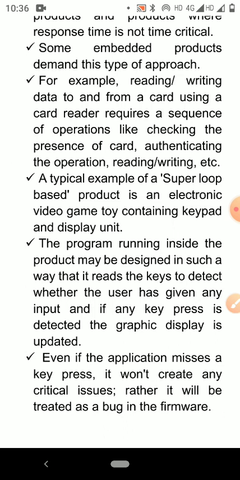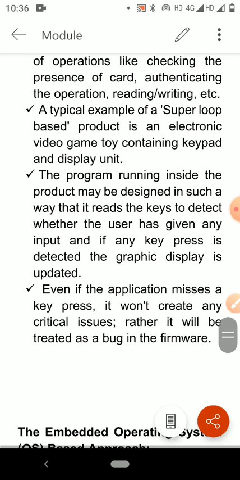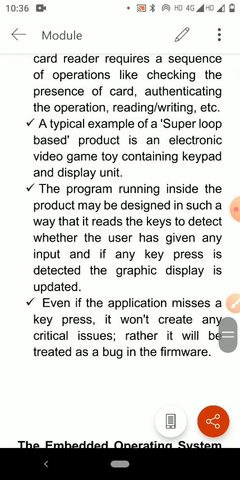The program running inside the product may be designed in such a way that it reads the keys to detect whether the user has given any input, and if any key press is detected, the graphic display is updated. Even if the application misses a key press, it won't create any critical issues. Rather, it will be treated as a bug in the firmware.